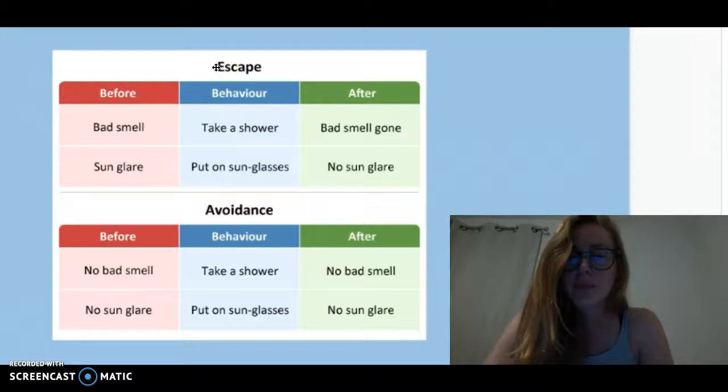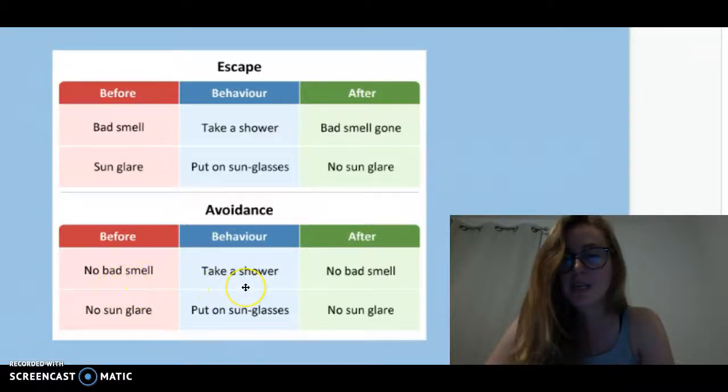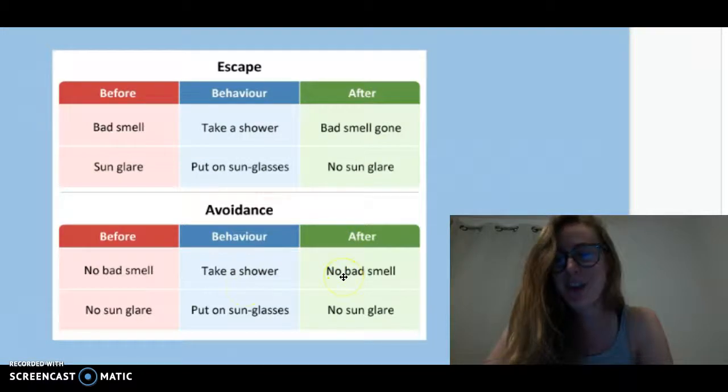For example, when you smell bad, you take a shower and you don't smell bad anymore. You've escaped the bad smell. For avoidance to occur, you don't necessarily have to even smell bad to take a shower, and you'll still not smell bad. So you're avoiding smelling bad in the first place.